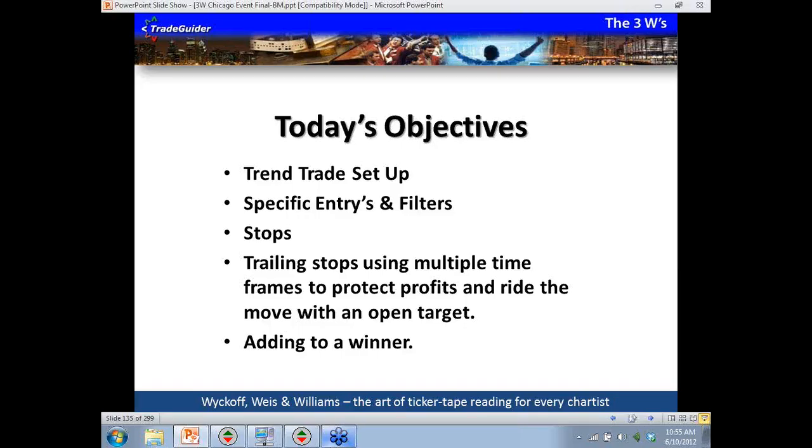What inspired me was, has anybody heard of the Turtle Traders? That's what inspired me to set up this specific type of system, utilizing Trade Guider's trending system. I just messed with the settings over the years and came up with something comparable.